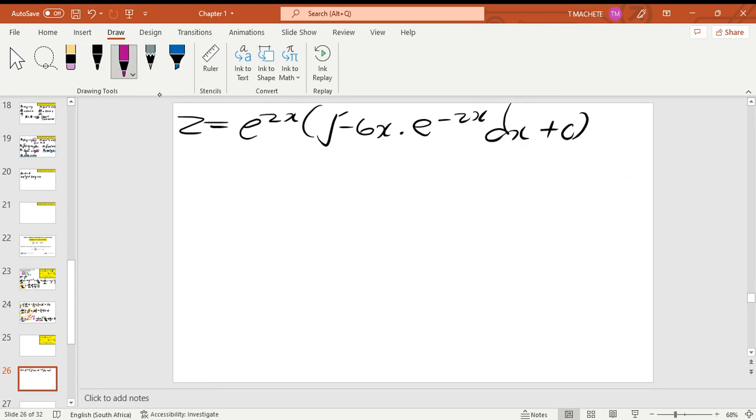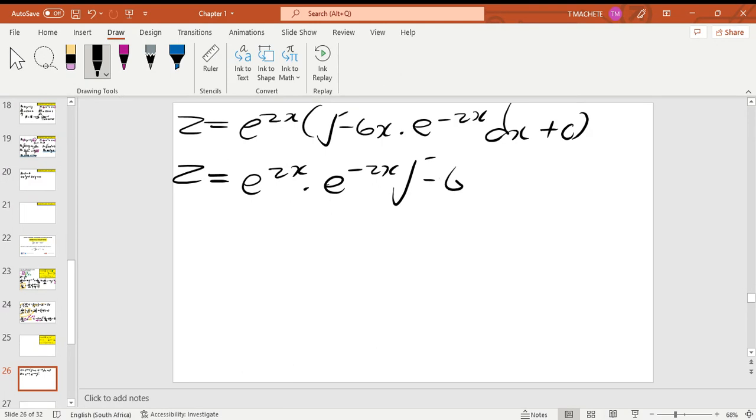We're going to multiply everything with that, so even the c and also that equation, I multiply it with e to the power 2x. So let's go ahead and remove the bracket. That will be equals to e 2x multiplied by e to the power minus 2x integral of minus 6x dx plus e 2x multiplied by c.